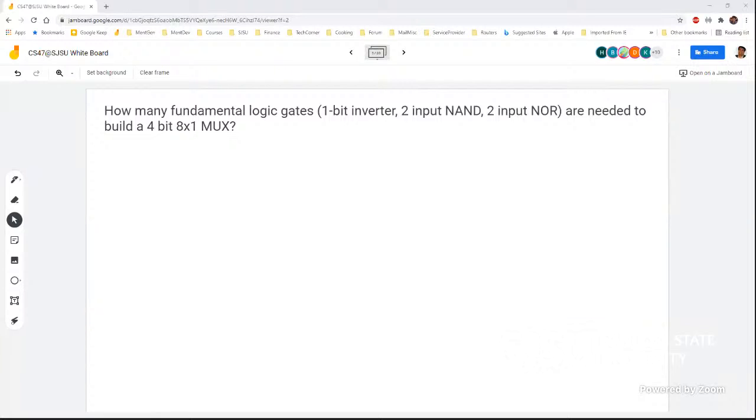So you see that for an 8 by 1 multiplexer, what you definitely need is a 3 by 8 line decoder.